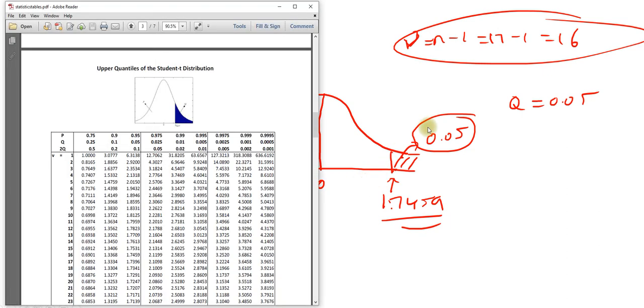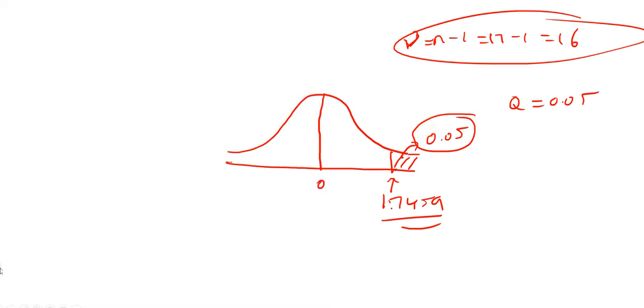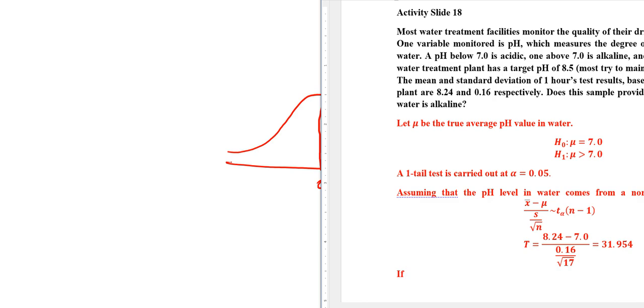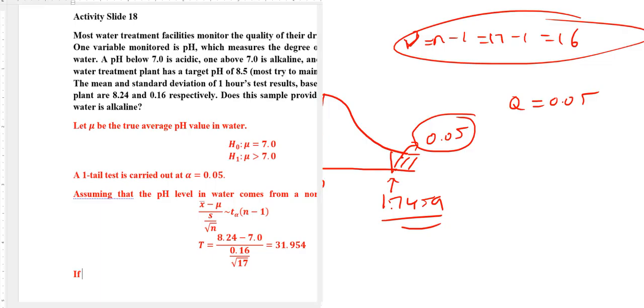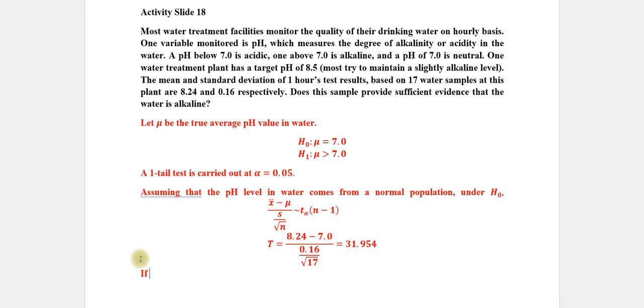So 1.7459 is our rejection region. All right, we're going to state it now. If t is greater than, you will see that now I don't write down modulus t because it's only one side.